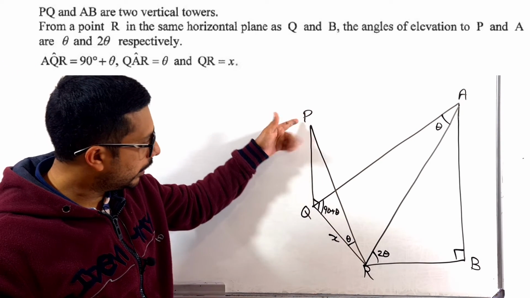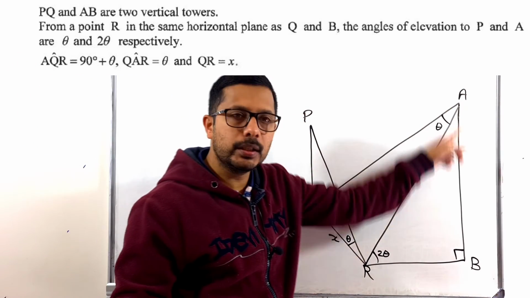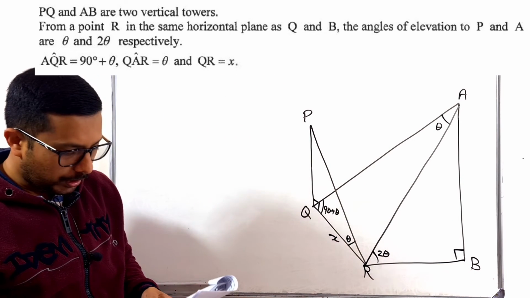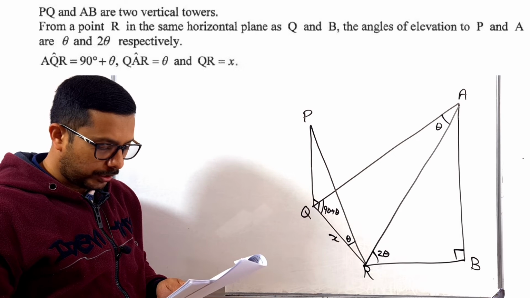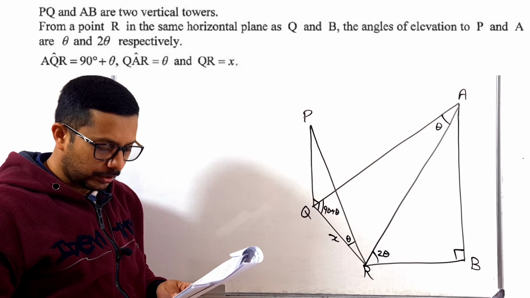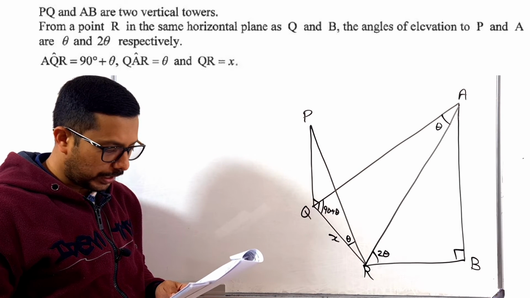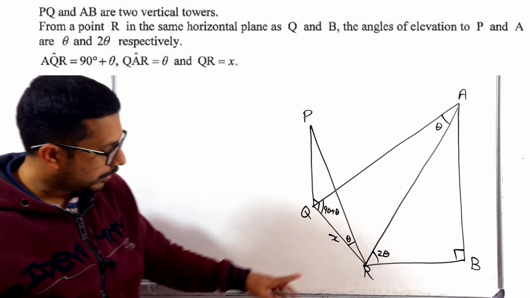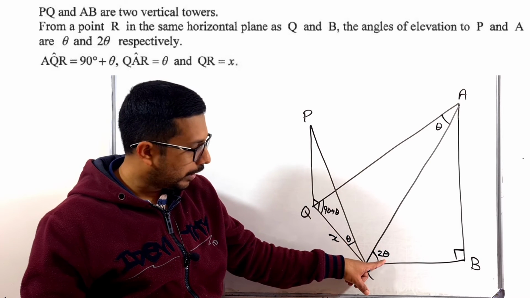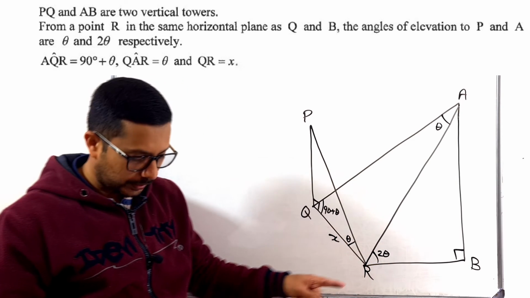So there are two vertical towers, PQ and AB. Now from a point R in the same horizontal plane as Q and B, the angles of elevation to P and A are theta and 2 theta respectively. So here these angles theta and 2 theta, that's what they are saying.